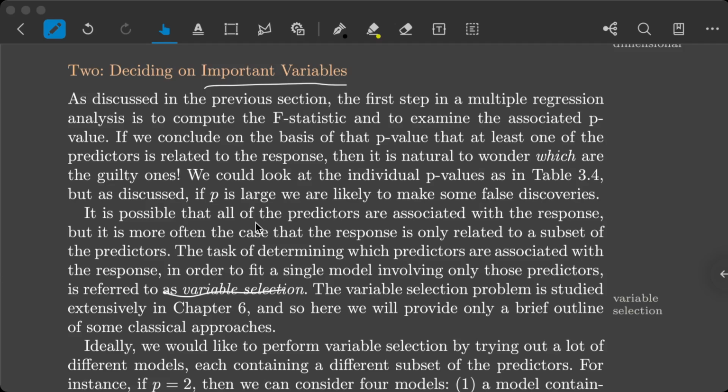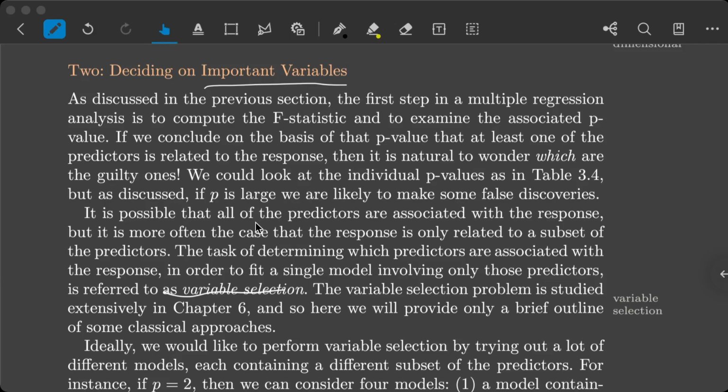Okay, great. Then we move to the second question, which is about deciding on important variables. This is the continuation of the first question. In the first part, we talked about how to decide if some variables are connected to y.